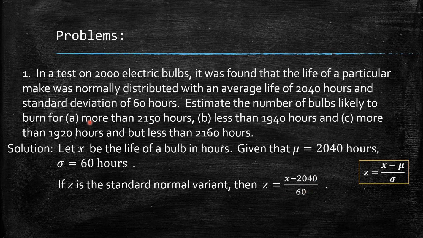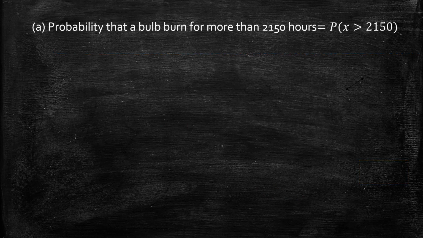Now we can go for solving each probability. The values are given in terms of x, so we have to convert to z using this relation. When x is greater than 2150, we need the probability that a bulb burns for more than 2150 hours, P of x greater than 2150.